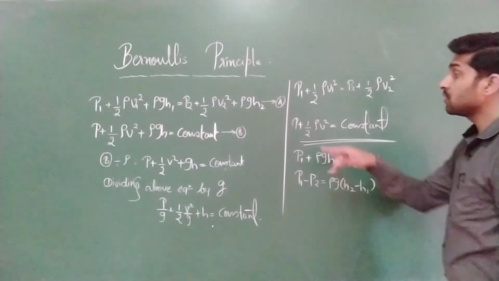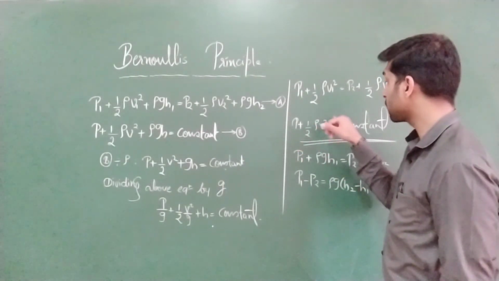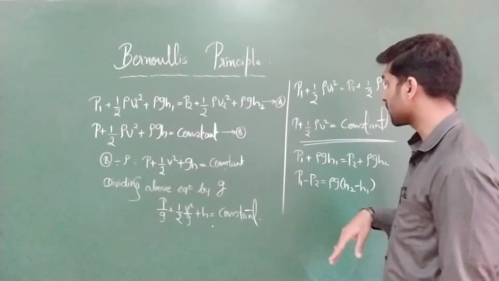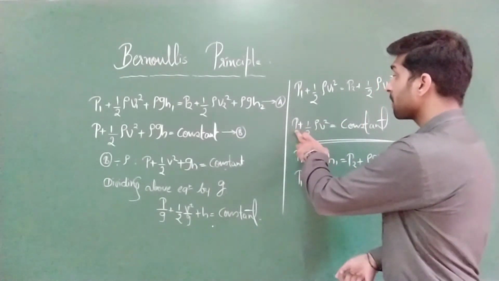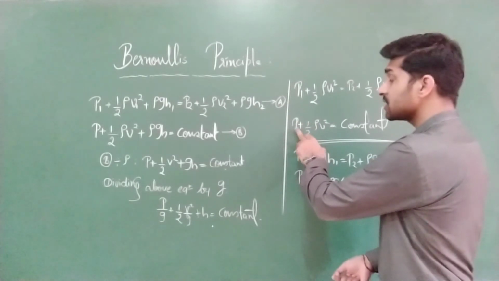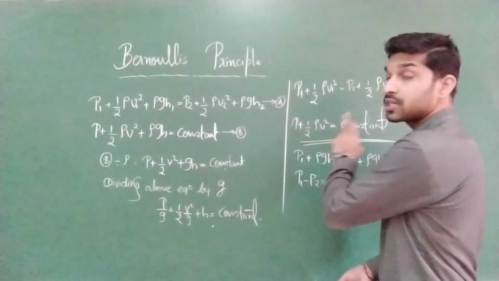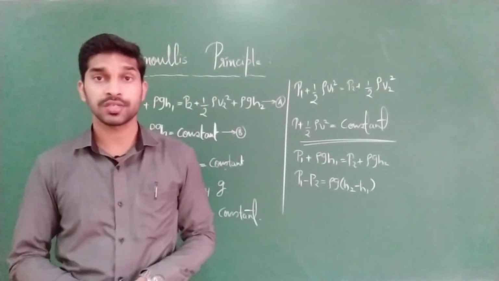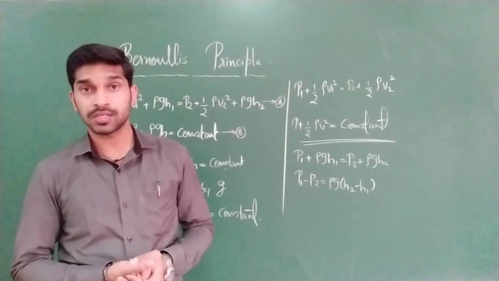So P plus half rho V square equal to constant means, from this equation, if pressure value is minimum, velocity will be maximum. If pressure is decreased, velocity will be increased.